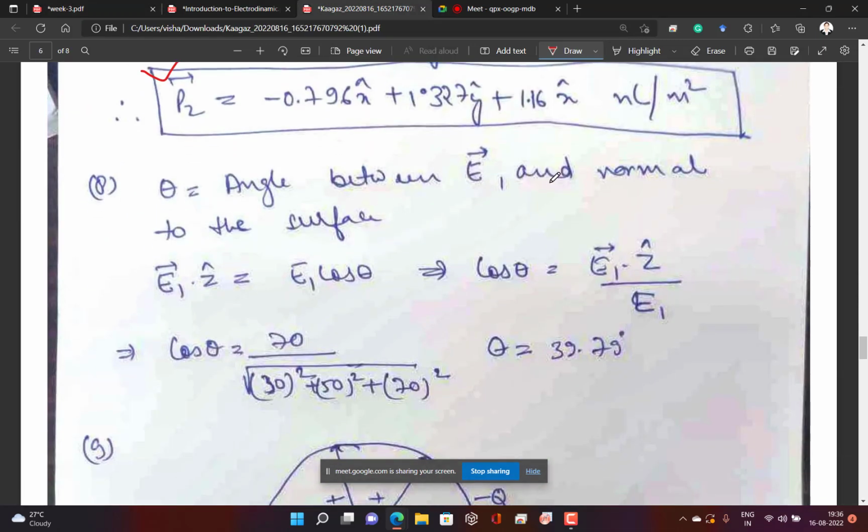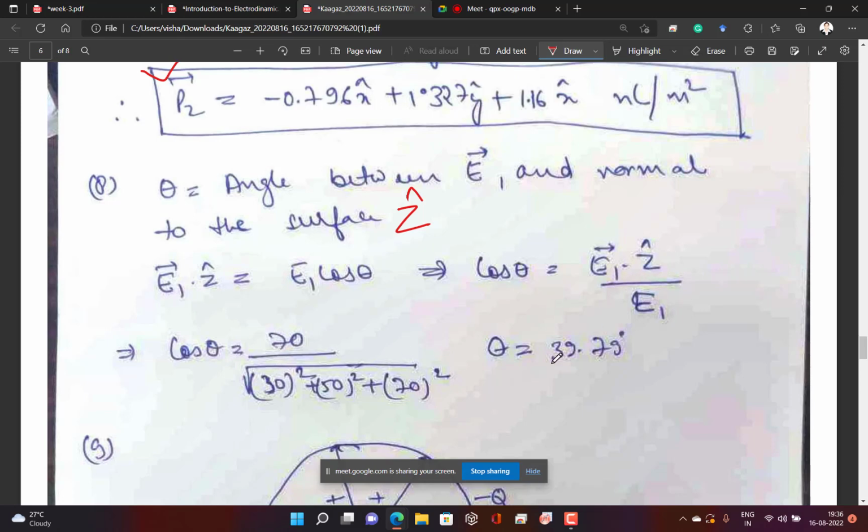So the angle between E1 and the normal to the surface. The normal to the surface was the z vector. So E1 dot z, upon E1 cos theta.